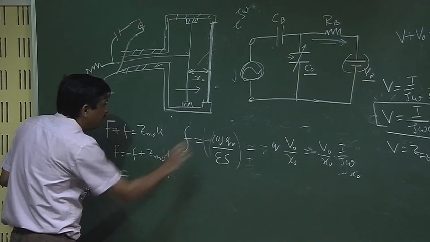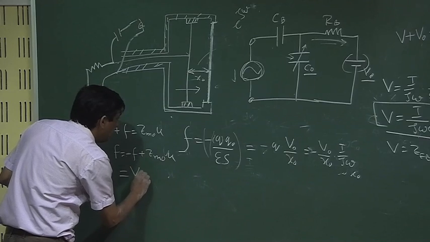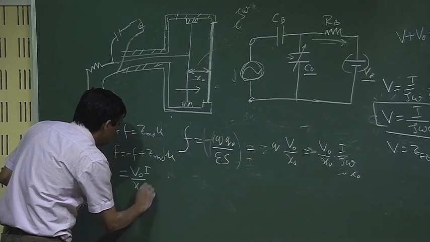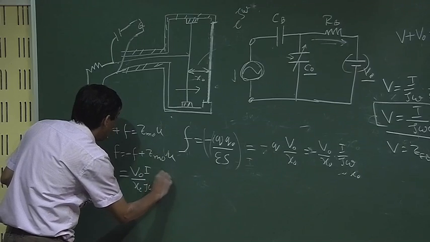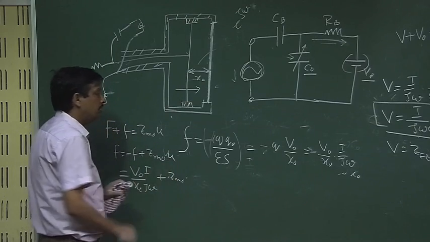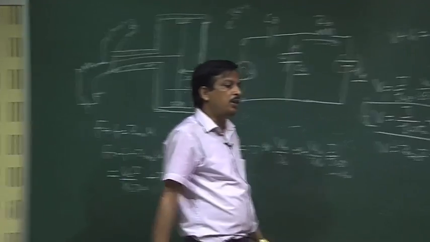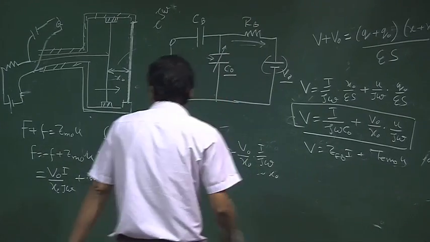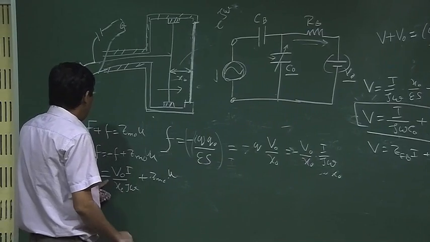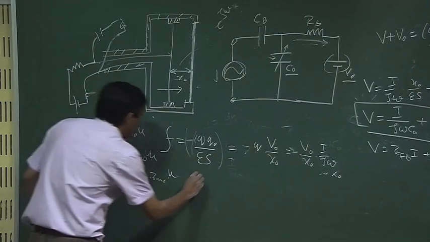What is F? It is V0 I by x0 into j omega plus Zmo into U. Now, what is this T?